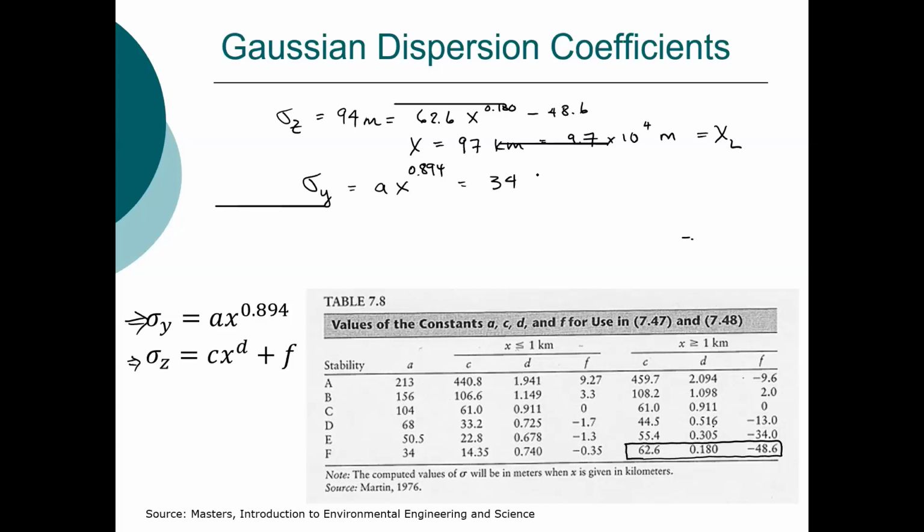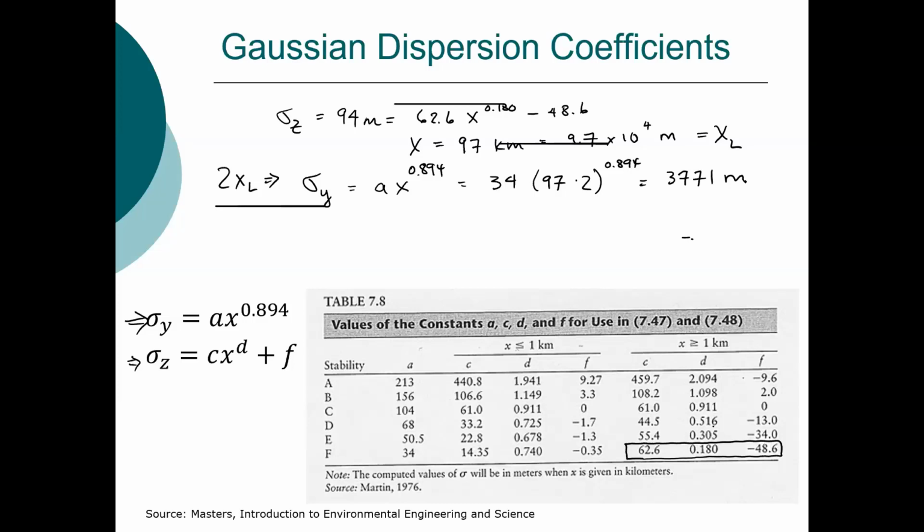X we've just determined, it's 97, but remember, we're actually determining this for 2 times X sub L. So we'll multiply this by 2, to the 0.894, and that is equal to 3,771 meters. From a physical perspective, what does that mean?